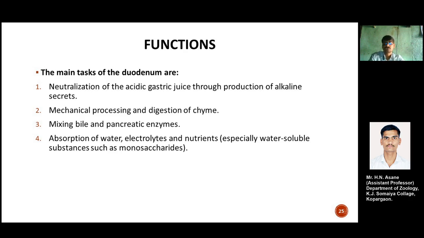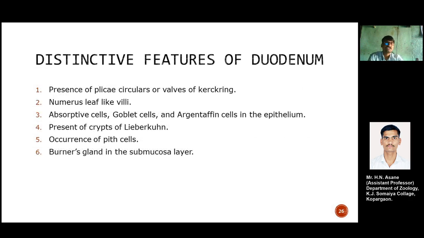Okay, so the distinctive features or the peculiar characteristics of the duodenum. Okay, to remember, the presence of the plicae circulares. Okay, and these are nothing but the walls of the cranking.